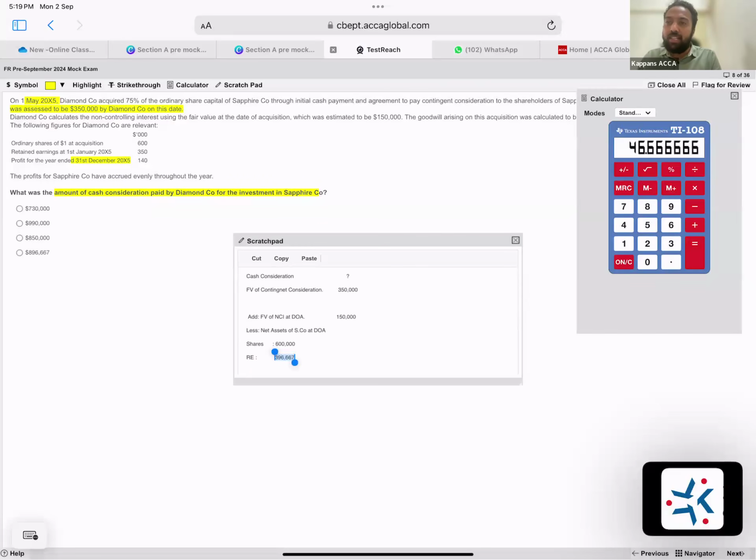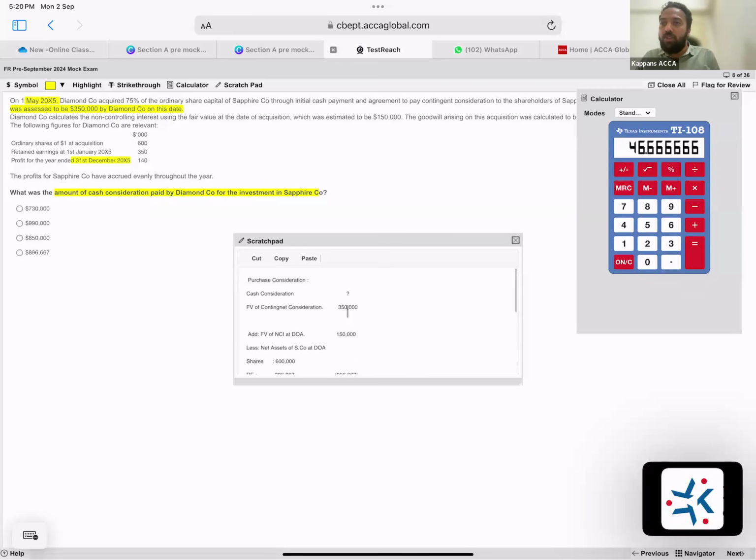So the net asset will be equity share capital 600, and retained earnings at date of acquisition, 1st May x5, 396,667. So net asset at date of acquisition is equal to 996,667.